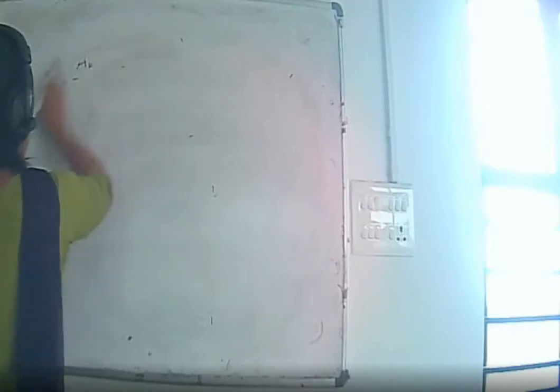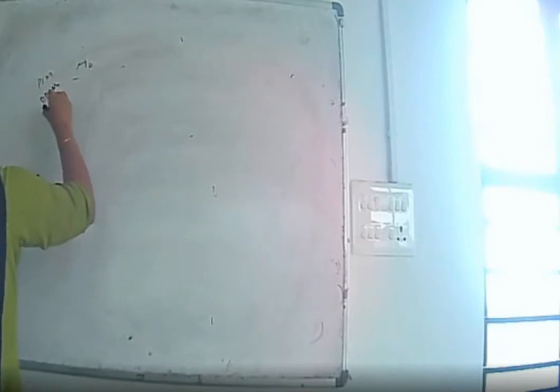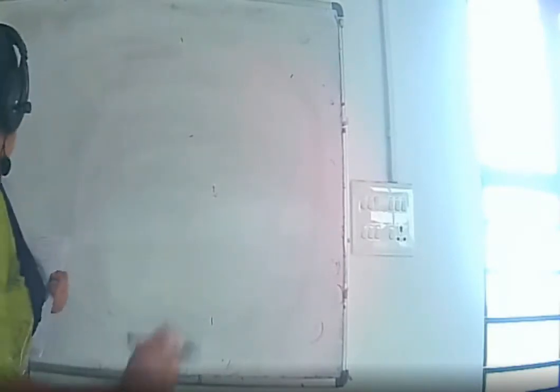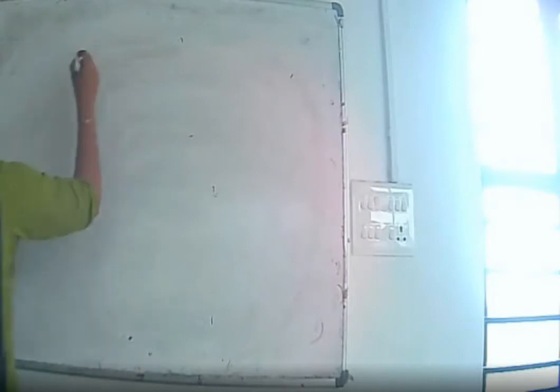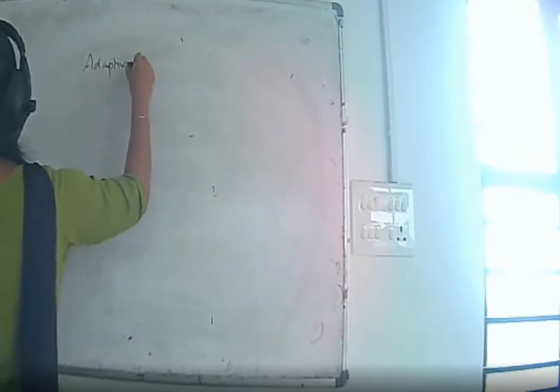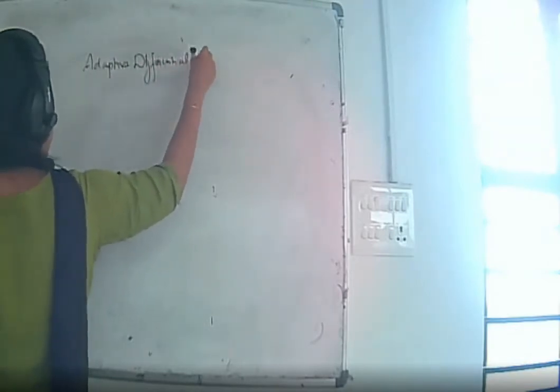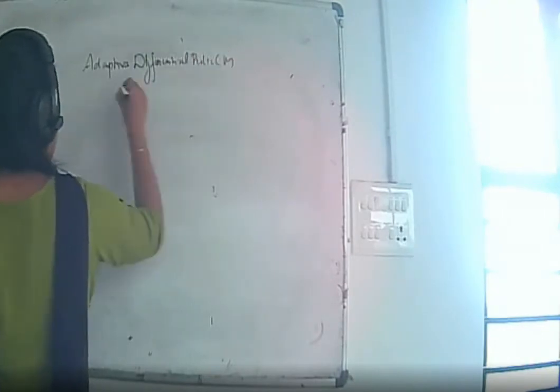First we started with PCM, then DPCM, then delta modulation, then ADM, that is adaptive delta modulation, and the last one is adaptive differential pulse code modulation, that is ADPCM.